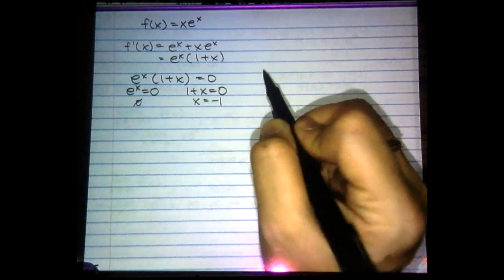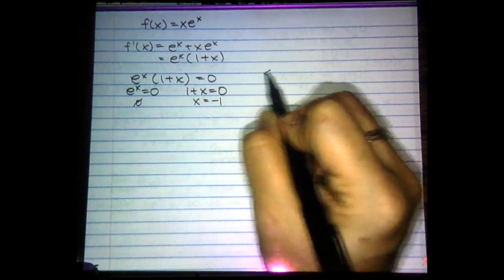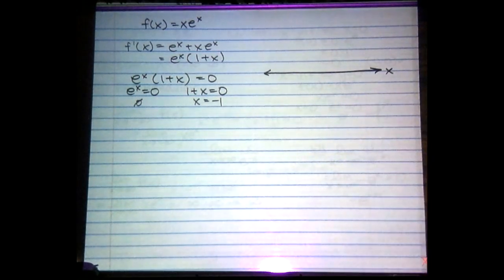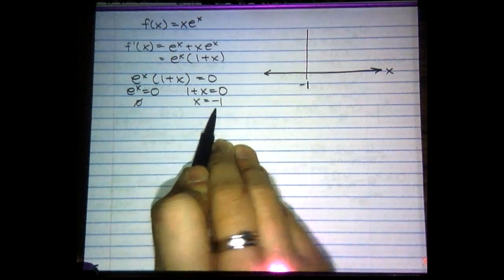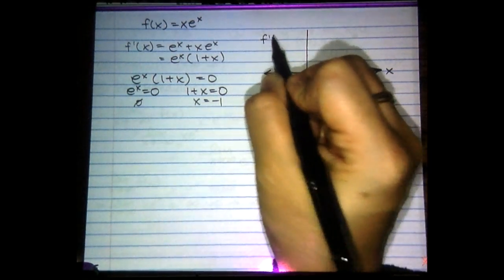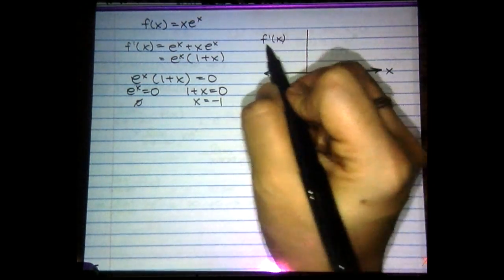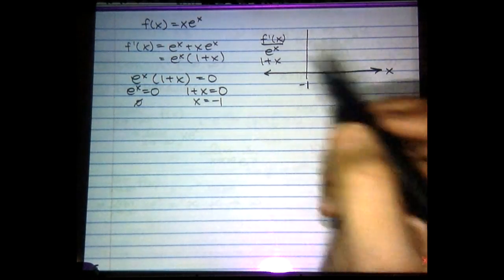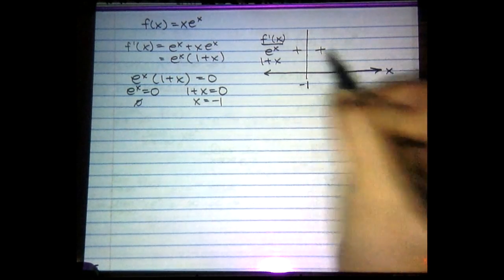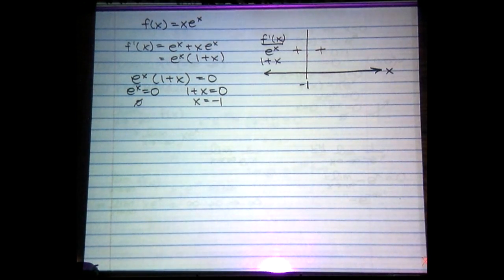Okay? If I look at a sign chart for the first derivative, we would allow all x values, but here I'm going to block off a boundary at negative 1, and I'm going to look at what makes up f prime of x. It's the product of e to the x and 1 plus x. But e to the x is always positive, so I didn't really need that on my sign chart. 1 plus x will be negative to the left of its 0 and positive after.